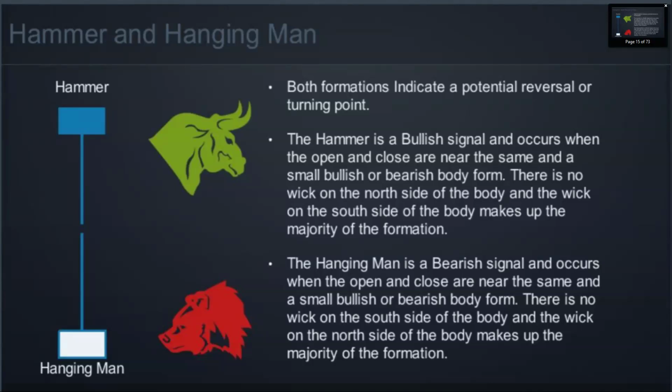Remember I told you yesterday, the candlestick patterns or formations are turning points in the market. The hammer will cause the market to buy, the hangman will cause the market to sell. Take note.